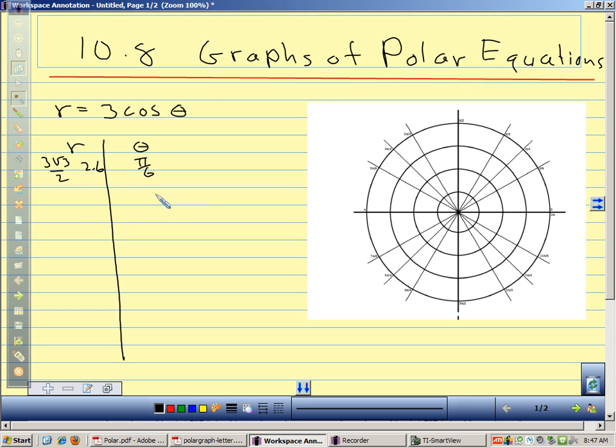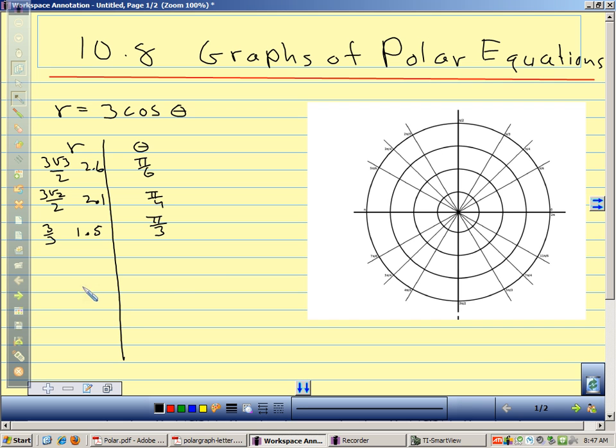At pi over 4, cosine of pi over 4 is square root of 2 over 2, so we get 3 square root 2 over 2, which is about 2.1. At pi over 3, we're just plugging in the values that we know from the unit circle. Cosine of pi over 3 is 1/2, so r is 3 times 1/2, or 3/2, or 1.5.